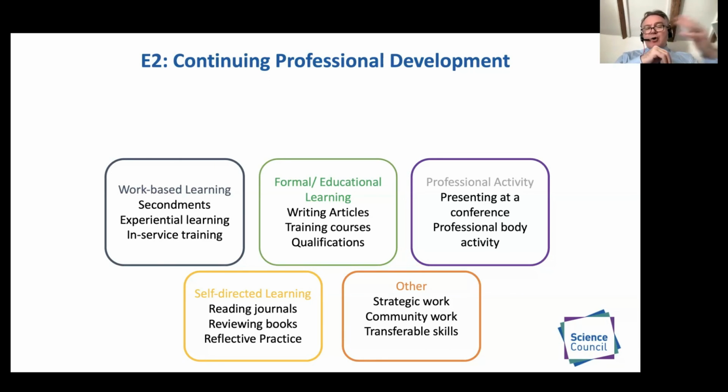And some of those courses that you attend don't have to be just formal academic qualifications. They may be specific vocational qualifications outside your institute or set up by your employers that train you in a specific thing that allows you to actually carry out your job more effectively. Professional activity, that's about presenting at a conference on behalf of your employer.